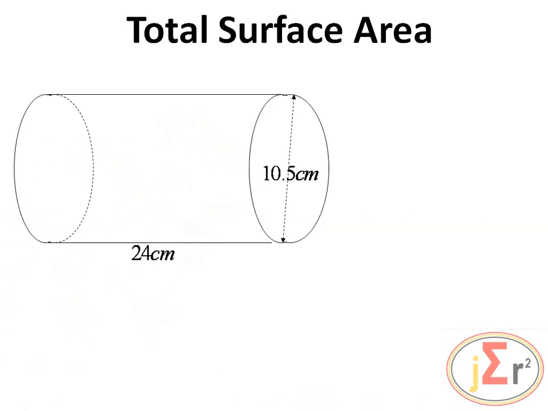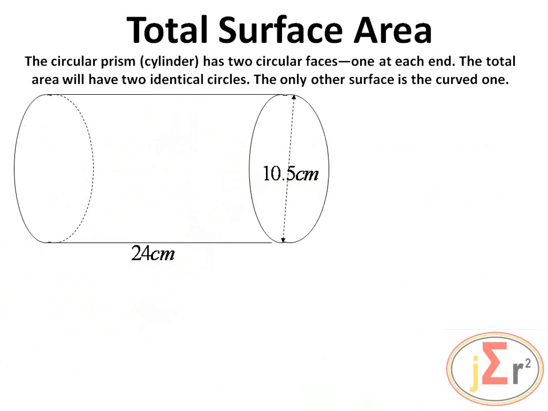The total surface area continues, and we are finding the total surface area of a circular prism, which of course is a cylinder. So the circular prism has two circular faces, one at each end. The total area will have two identical circles.